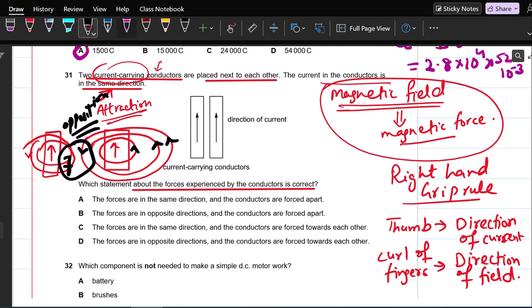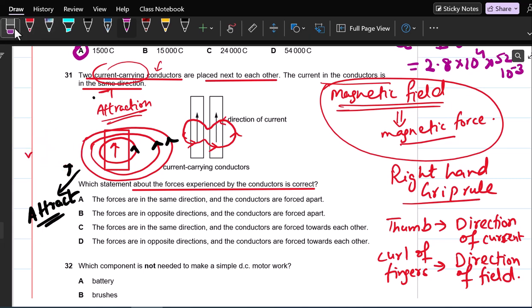So due to this, they attract each other. We make a loop here. Which loop? Like this. That field is coming and it takes this path. If I redraw this whole thing, I will show you what is happening here.